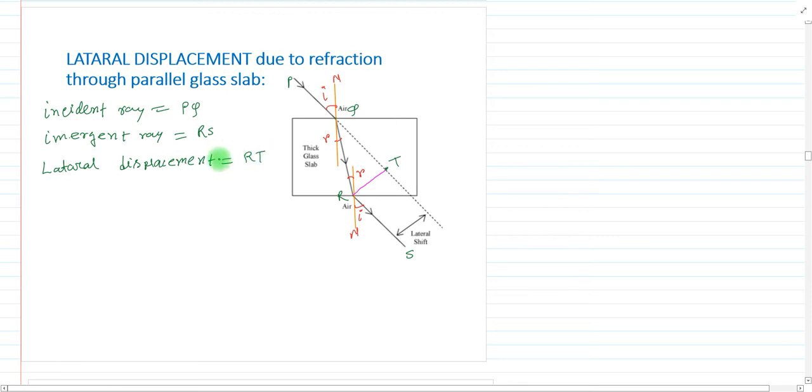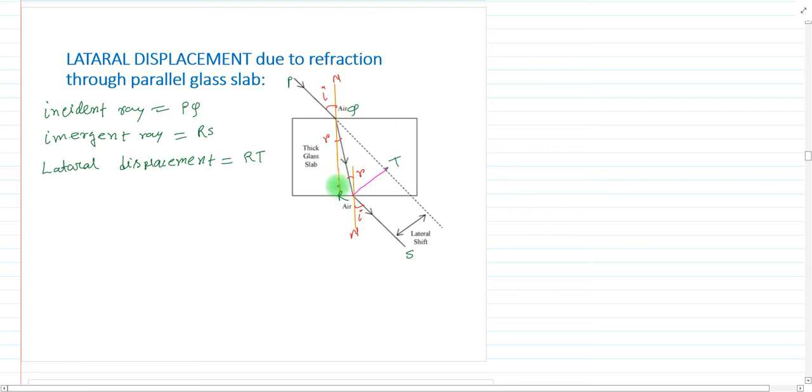We have to know on which property this lateral displacement depends. We can prove this, but the proof is not in your syllabus, though I will show you.